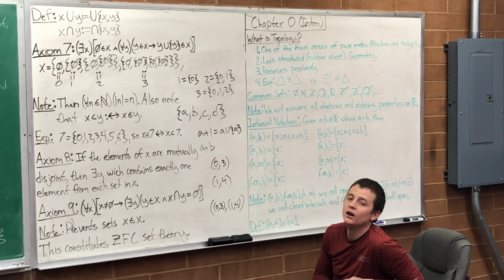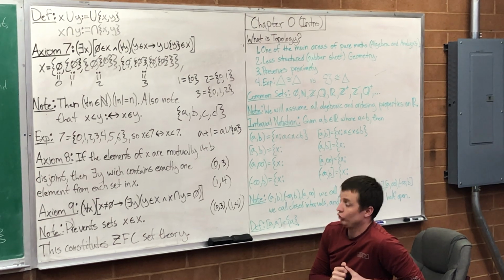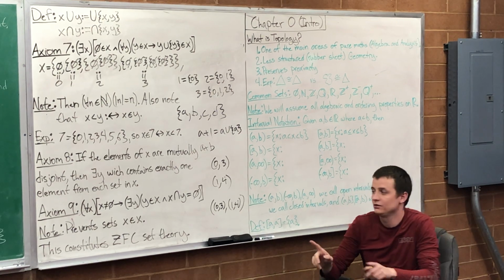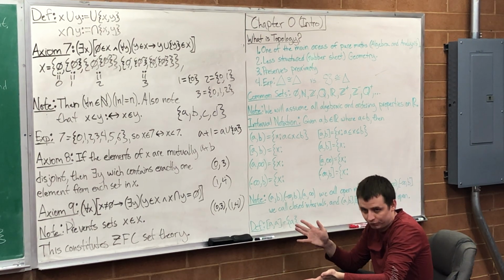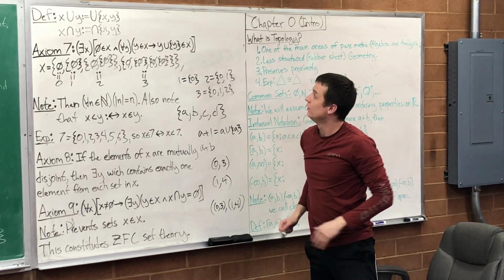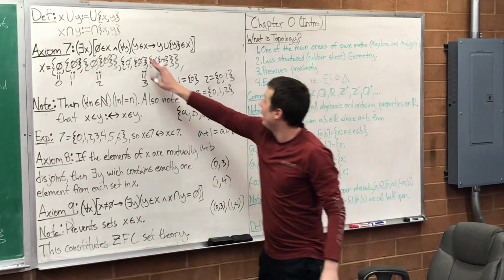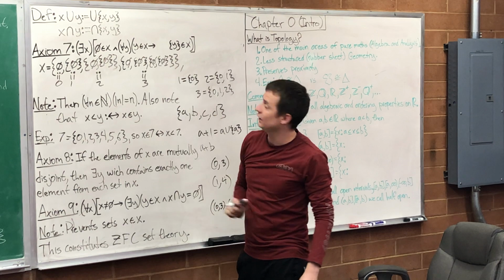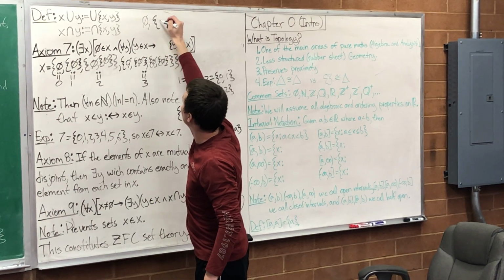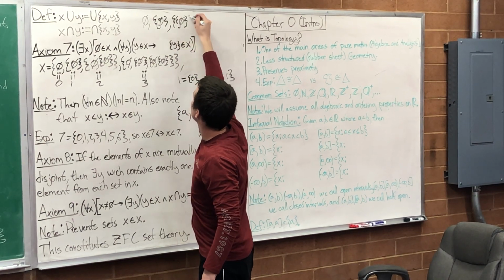Are there different theories that can do the same thing with different axioms where they can build mathematics? Yes and yes. So in two senses. One, you do not have to use these axioms for set theory, and you can still do it. So for example, another way for axiom 7 to be phrased is if y is in x and the set containing y is in x, and so then we define 0 to be the empty set, 1 to be the set containing the empty set, 2 to be the set containing the set containing the empty set.